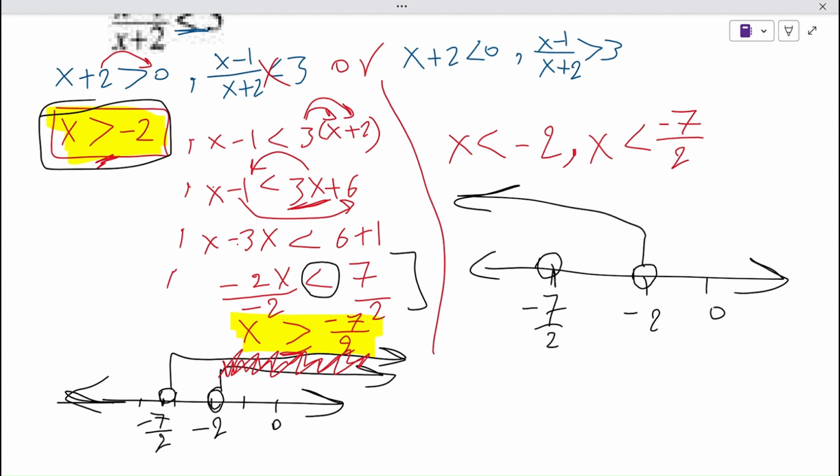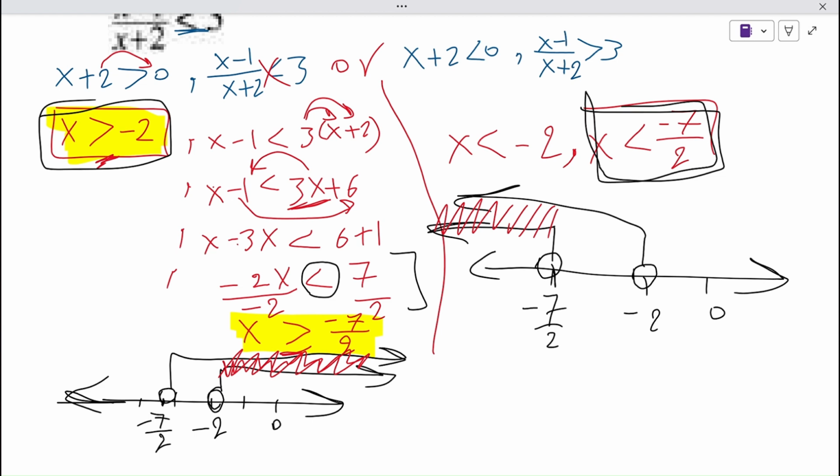Where the intersection of these two directions is here, it means x is less than negative 7 over 2. Okay, guys, so where's our solution? Our solution is x is greater than minus 2, or x is less than negative 7 over 2.